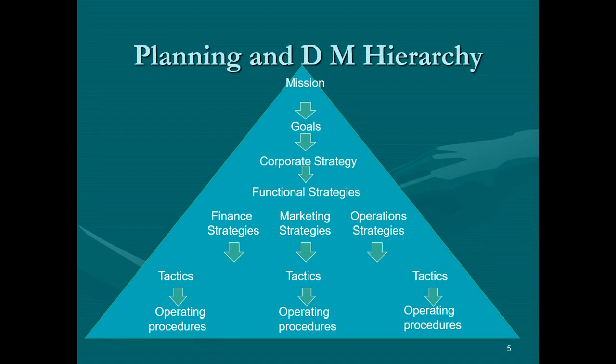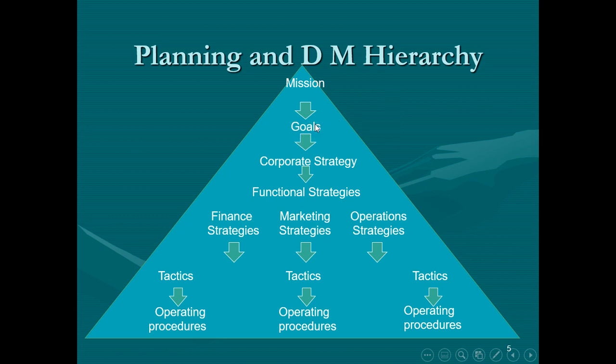This pyramid explains the hierarchy that we explained before. First, at the top of your pyramid, you will find that your mission must be determined, which is the reason for your existence as an organization. And then from your mission, you determine your goals.